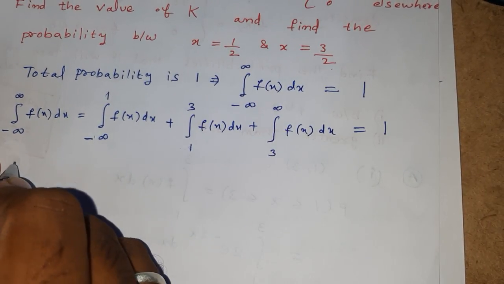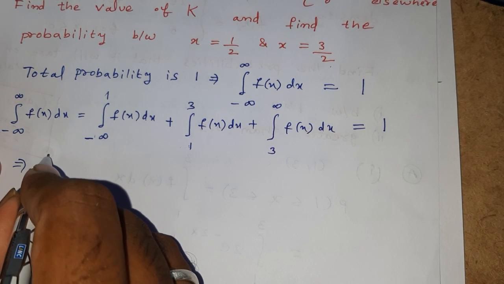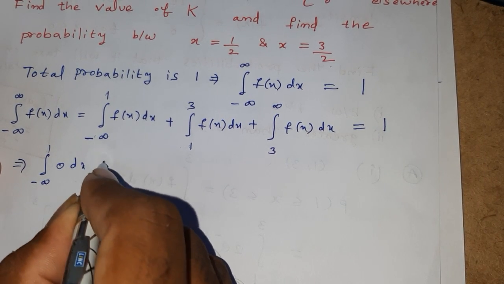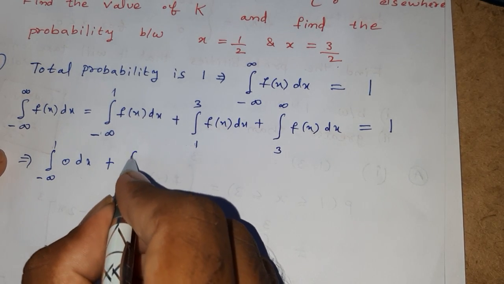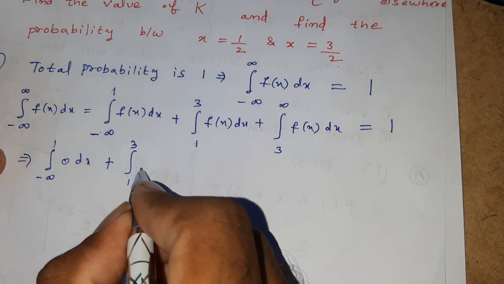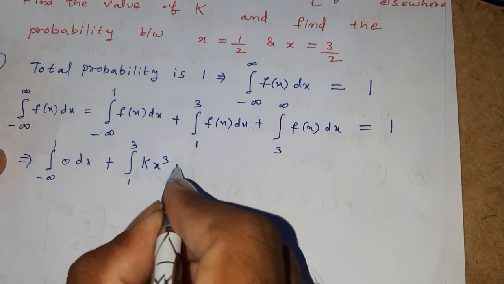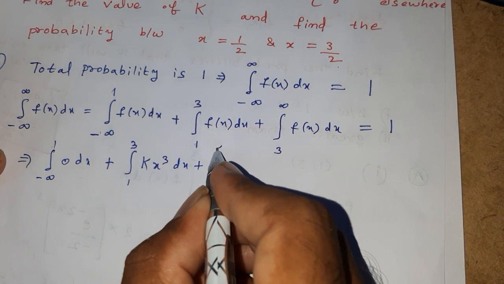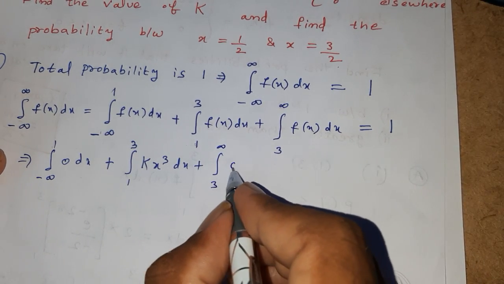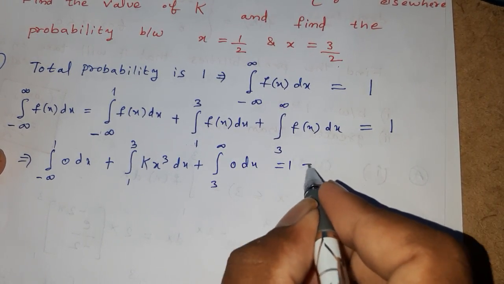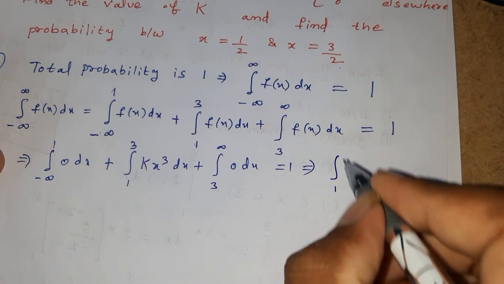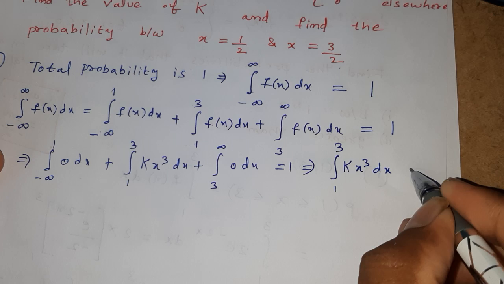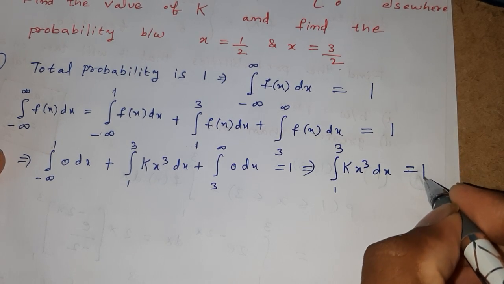Therefore integral minus infinity to 1 of 0 dx, plus integral 1 to 3 of kx cube dx, plus integral 3 to infinity of 0 dx, is equal to 1. Simply, integral within limits 1 to 3 of kx cube dx is equal to 1.